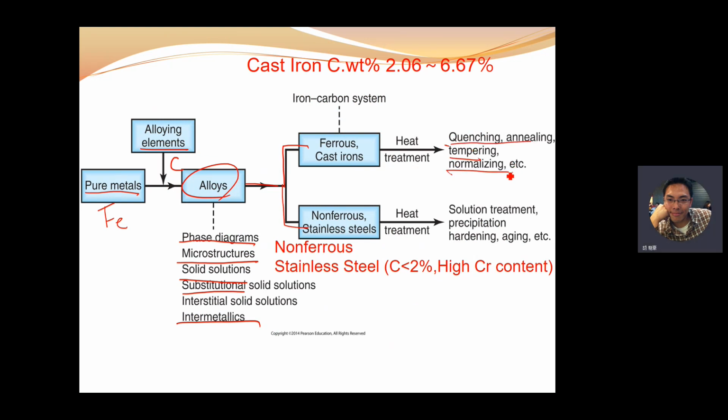But for stainless steels, we use solid solution strengthening to enhance the mechanical property, and the precipitate hardening and aging process to modify its mechanical strength.